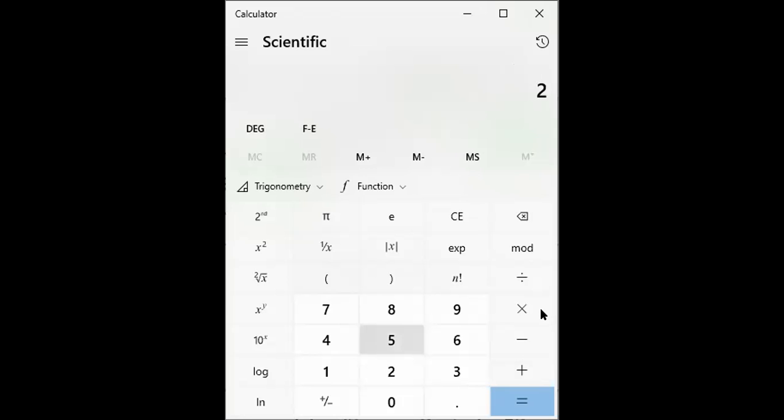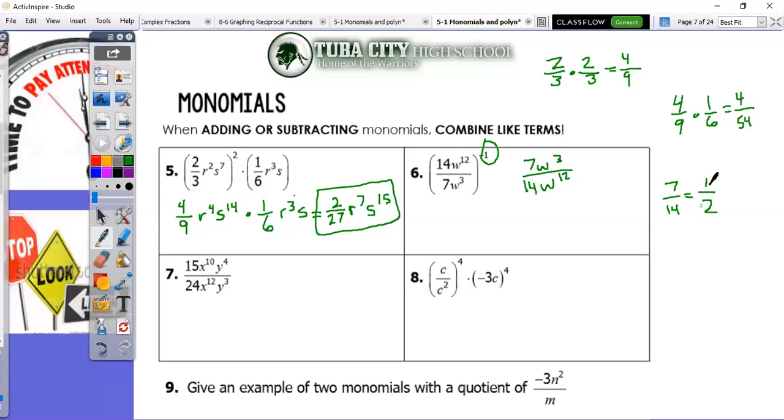Some students might think 2 over 1 would be 2, so they would think 1 over 2 is 2, but that's not true, because 1 divided by 2, or 1 over 2, is going to be 0.5, which most of us would recognize as being half. So in other words, this stays as half. It does not become 2.